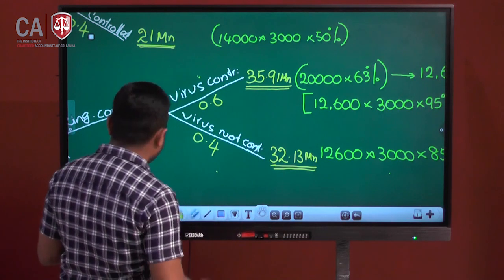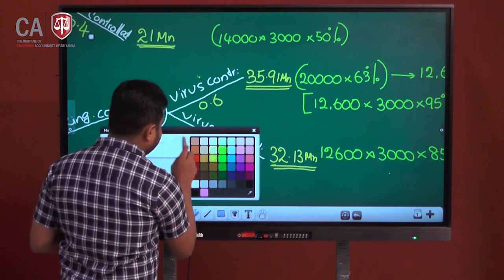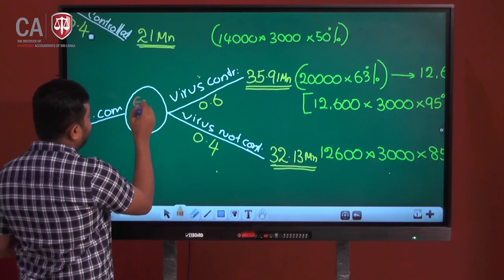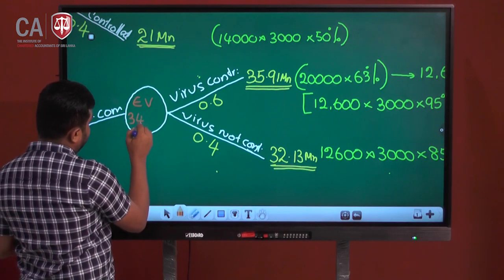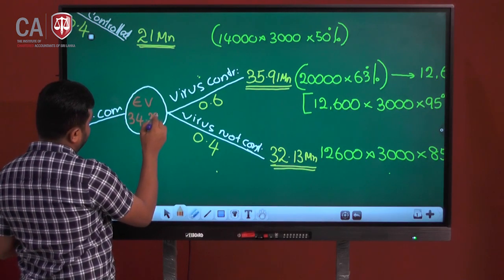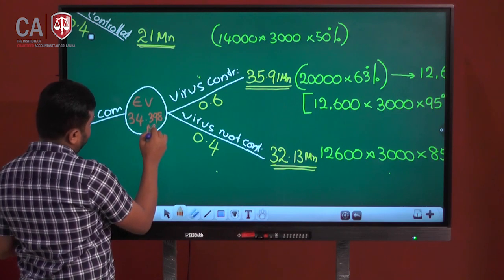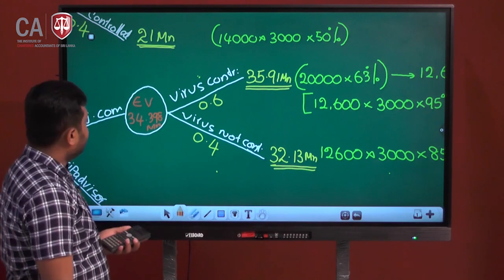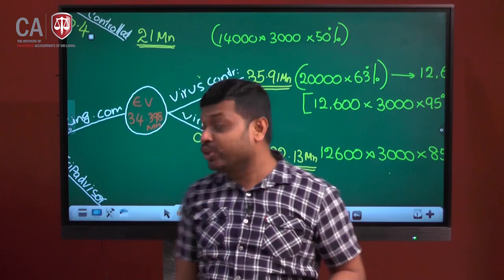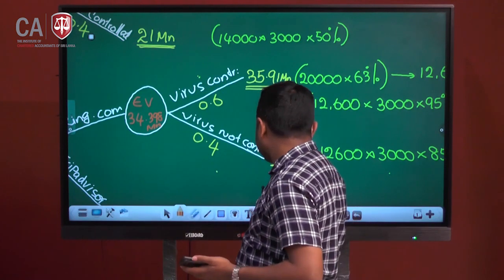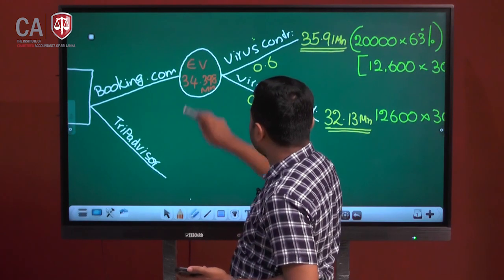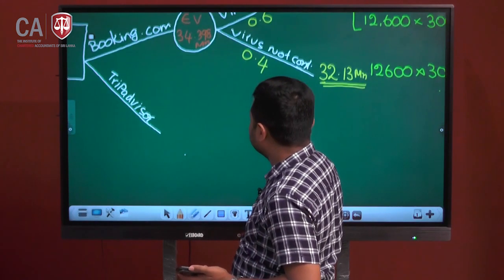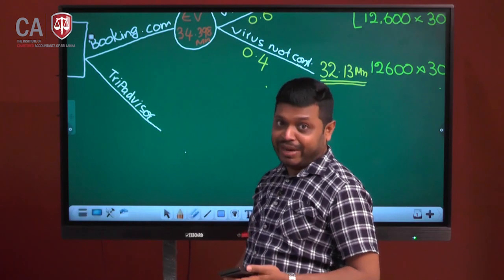Altogether the expected value, EV, is 34.398 million for booking.com. Now we will move to TripAdvisor.